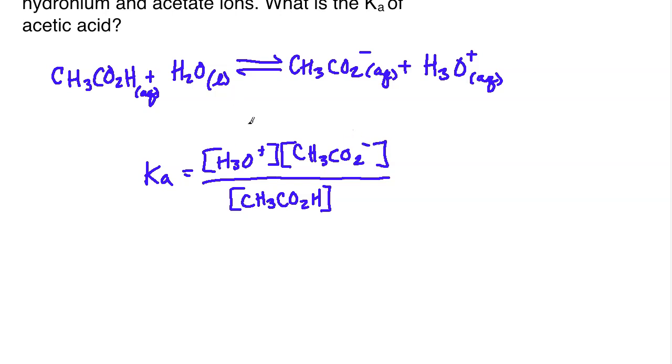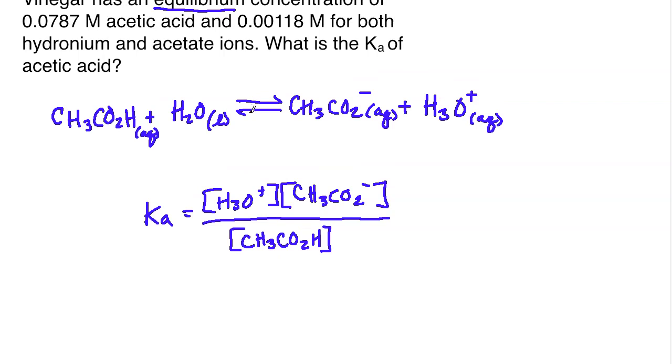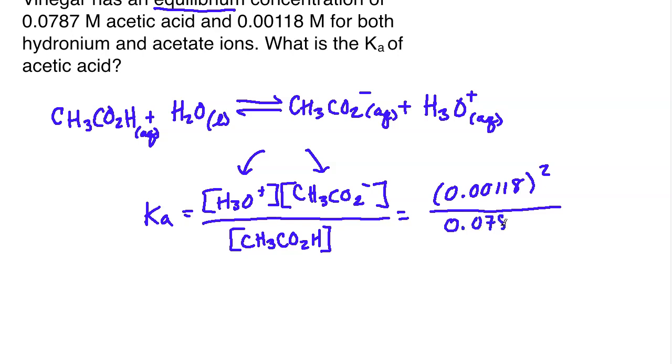Okay, so if we go back up and look at the problem, it was 0.00118, and that is the molarity for these top two right here. So to simplify this, I'm just going to square that value, because it's that concentration for this as well as this. So we're taking the same value times itself. So this is going to be 0.00118 squared, over 0.0787, and that is the molarity of the actual acetic acid itself.